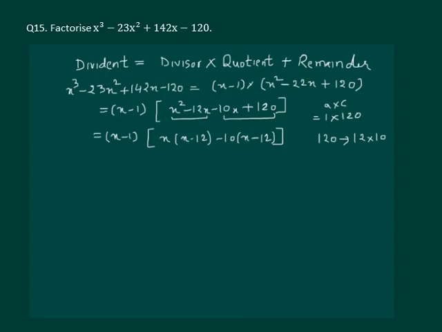Now taking x common from first two terms and minus 10 common from the next two terms, we get the following expression, which can be written as x minus 1 into x minus 12 into x minus 10. Note that since it is a cubic polynomial, it has three roots, that is x minus 1, x minus 12 and x minus 10.